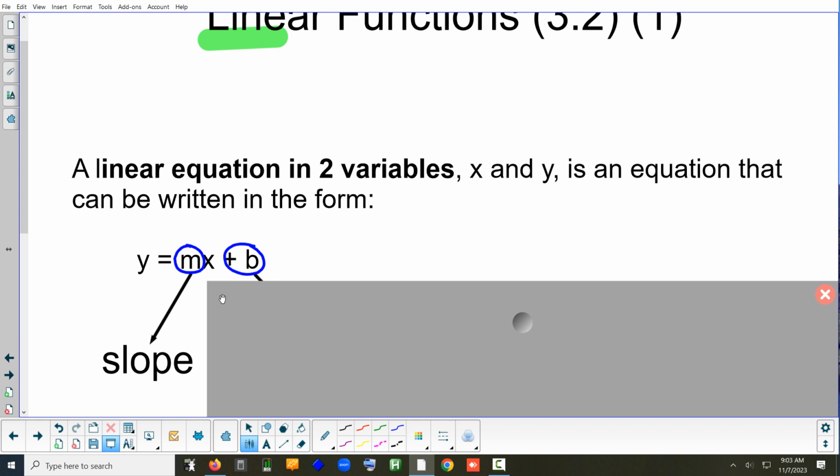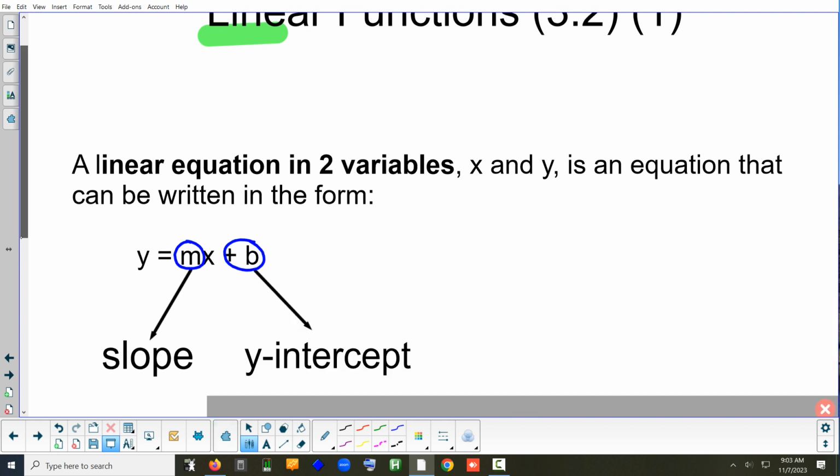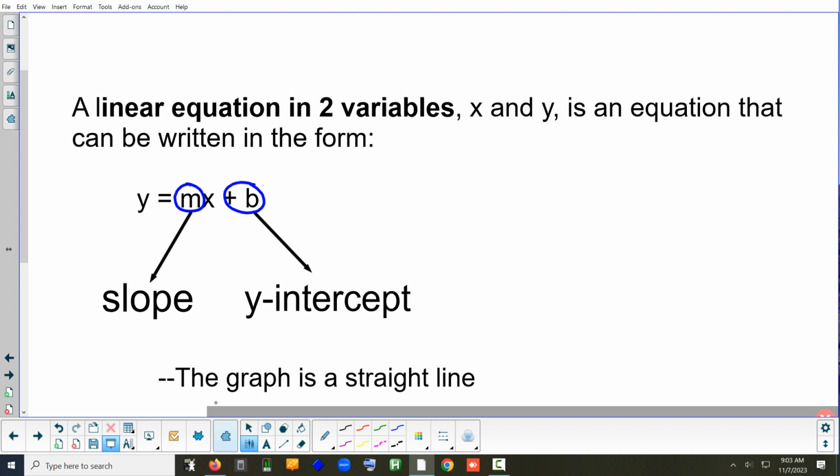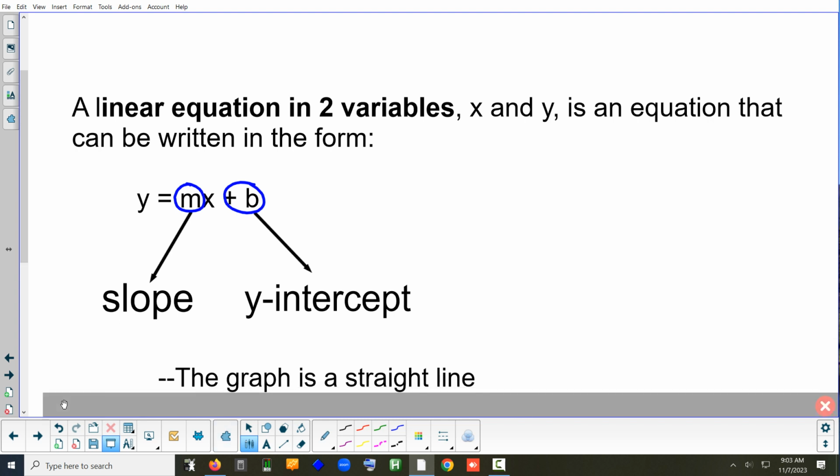So the y-intercept is where this does what? It meets another line. Meets something else. Anybody know your Y-axis? Yeah, the y-axis. So the y-intercept is where your line meets the y-axis.